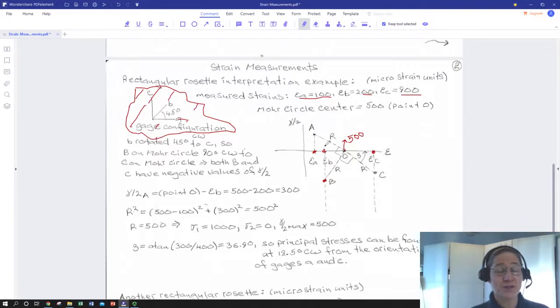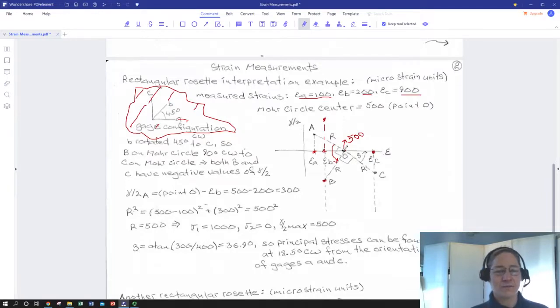There could be some shear, we're just not seeing it. B could be down here, or theoretically it could have been up here. But of these two options, one above the horizontal axis and one below, only one of those two positions will place B at 90 degrees counterclockwise from A. So B is in fact down here.